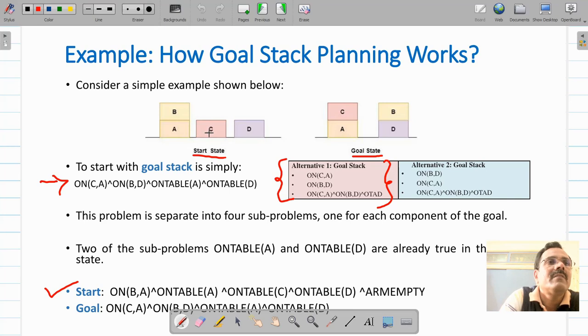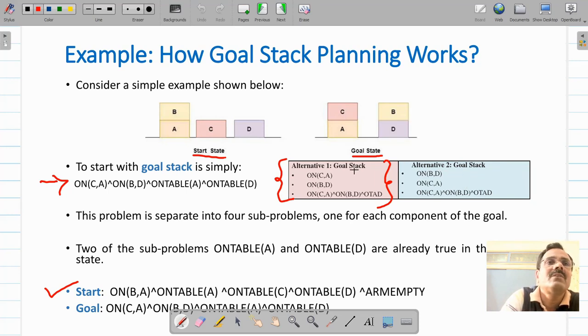Then you can pick up C, so the robot arm will be holding C, and then you perform the stack operation, stack C on A. That gives you the other subgoal, C on A. That is a very trivial set of operations. So alternative 2 is trivial, not very interesting. Immediately you will reach the goal state.